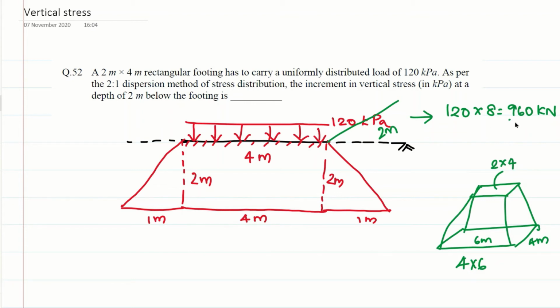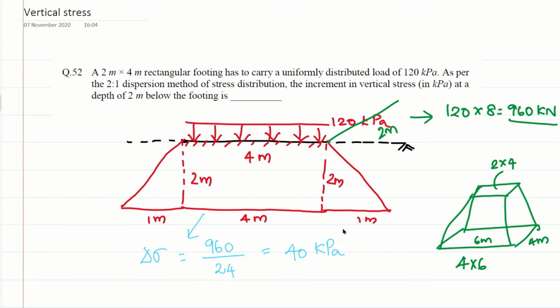So this intensity at this level, or vertical stress increment at this level, is 960 divided by 24. So that gives you the incremental load, your delta sigma, as 40 kilopascal.